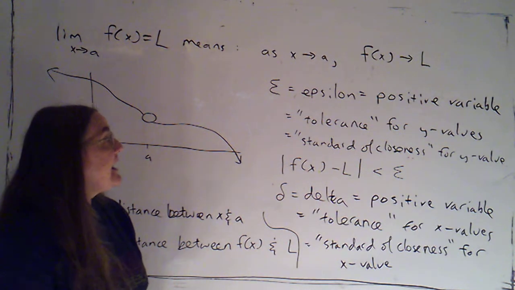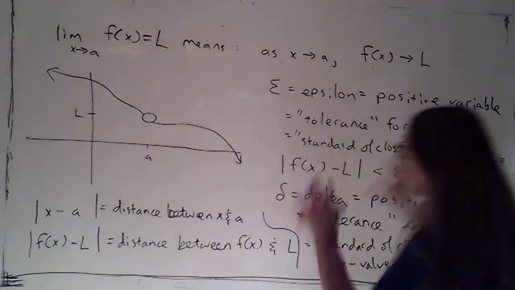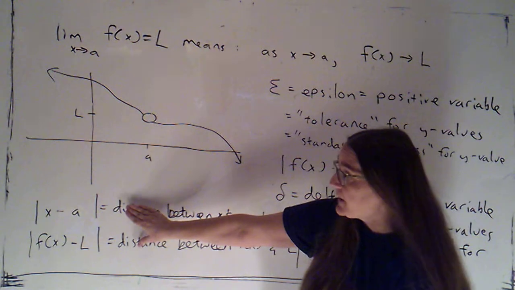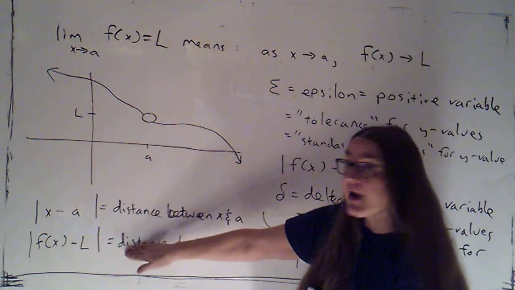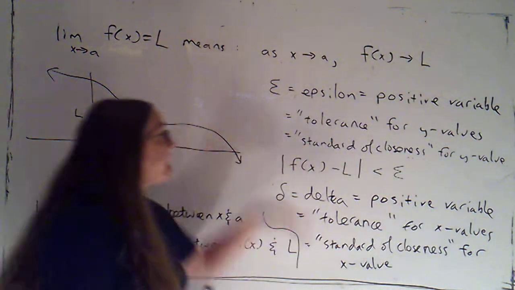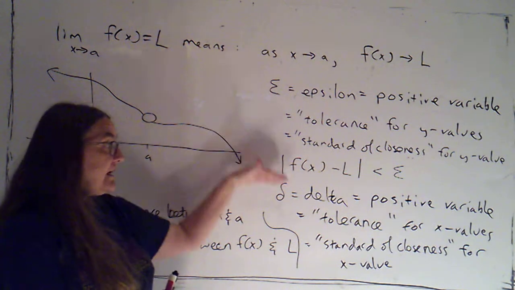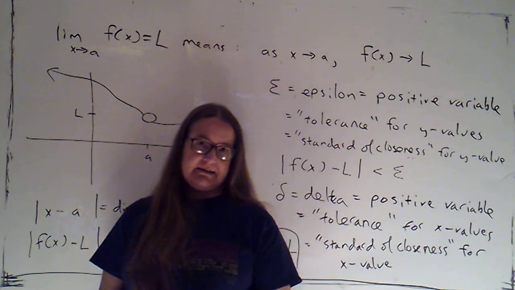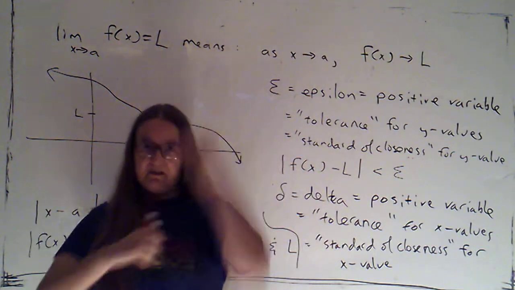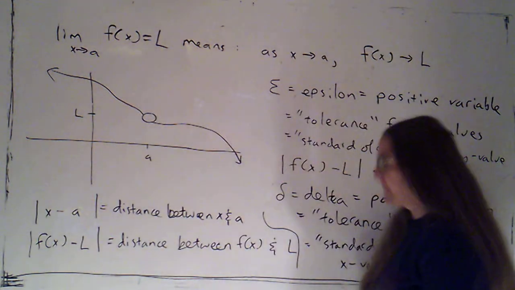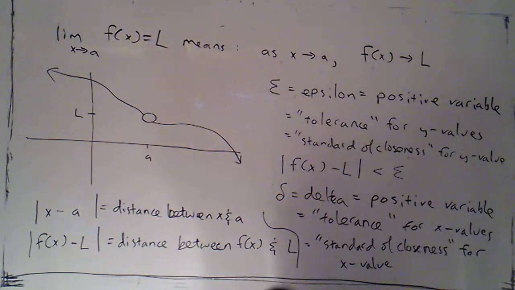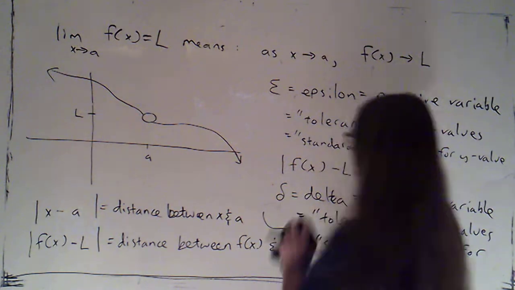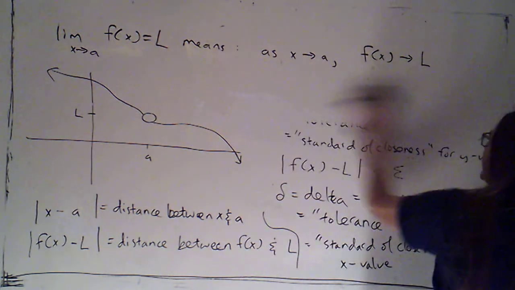Now, these are the tools I'm going to need to state my limit. So I need to know how to talk about distance between x values and y values, and I need to have these variables that measure my tolerance or my standard of closeness for both the horizontal and the vertical variables that we have.